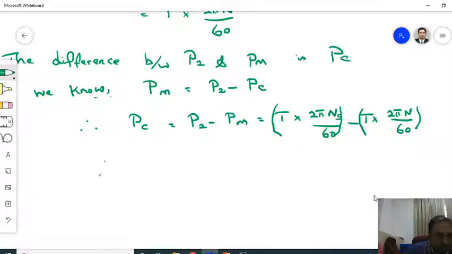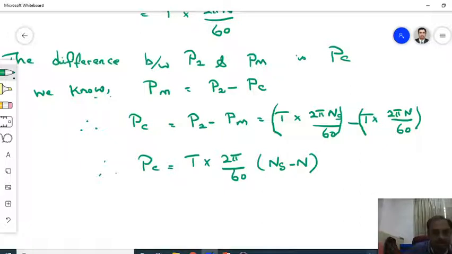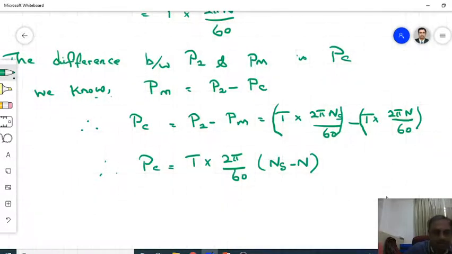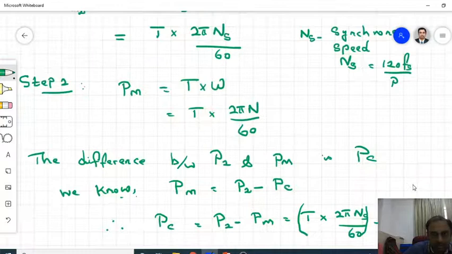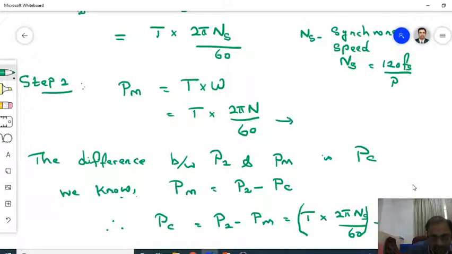So Pc equal to T into 2 pi by 60, taking Ns outside, Ns minus N. This is the rotor copper loss. This equation we mark as equation number 3, the Pm equation as equation number 2, and the P2 equation as equation number 1.